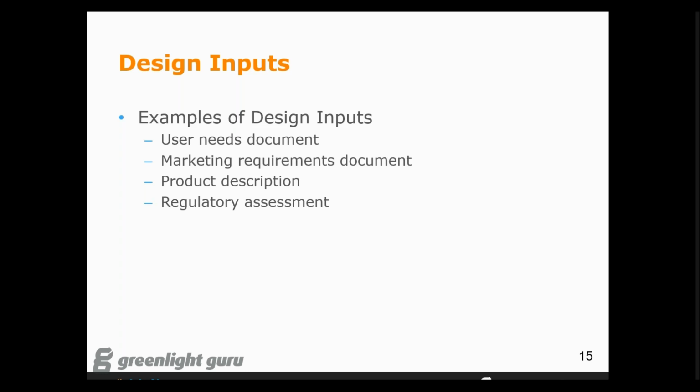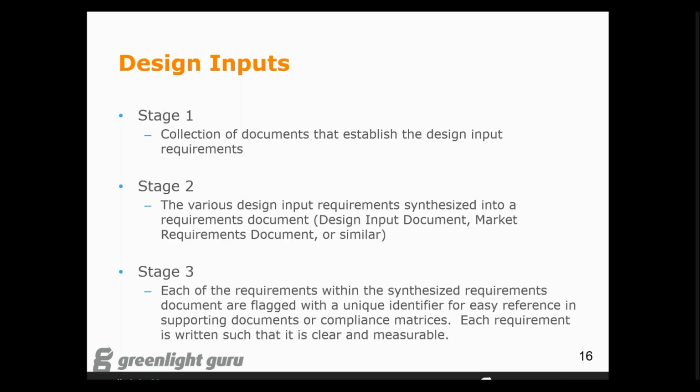Now, this is something that I've seen a lot of change and evolution within this part of design controls. I know that early on, most organizations would have some sort of a product description, things like that, and then if you had a question for what are the regulatory inputs, then you'd scramble and find some sort of an email or maybe a regulatory assessment or something and say, okay, here's some of those inputs.